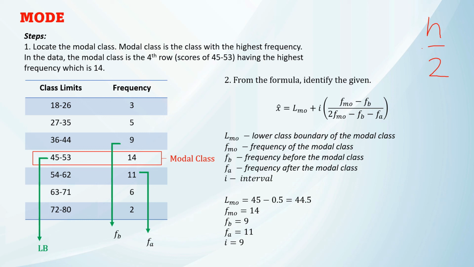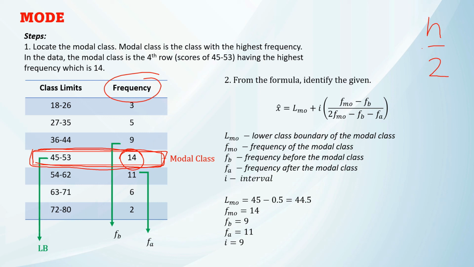However, for the mode, you can find the modal class by just simply looking at the frequency. Whichever class interval has the highest frequency, that will be the modal class. Since 14 is the highest frequency, therefore, this will be your modal class.